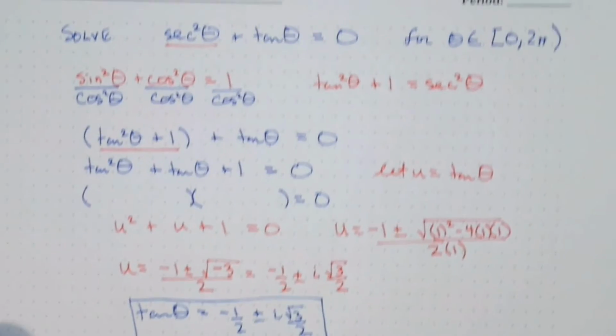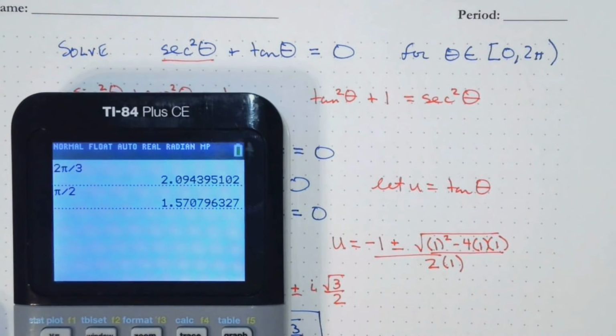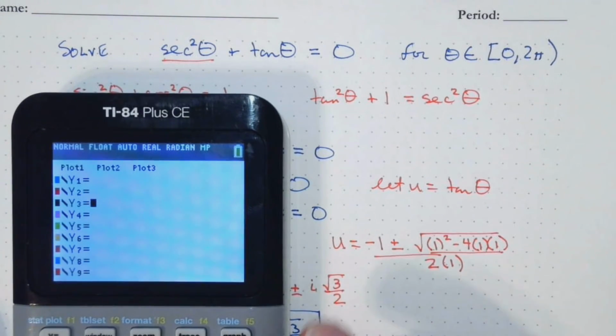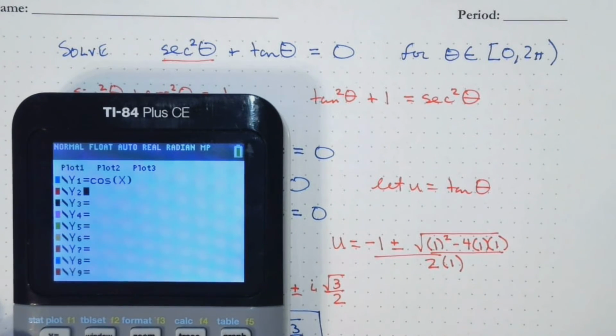Now, in terms of my original function, what would that original function look like if I were to graph it? So if I were to graph the secant squared, here's a way that I could do it. I'm going to have y1 be cosine of x, but I'm not going to graph y1.